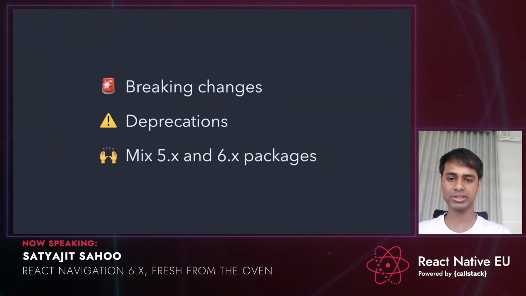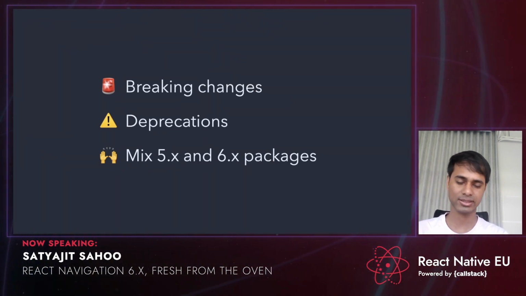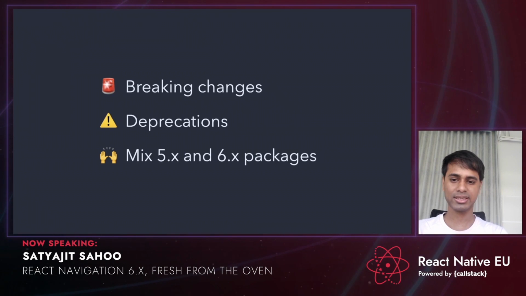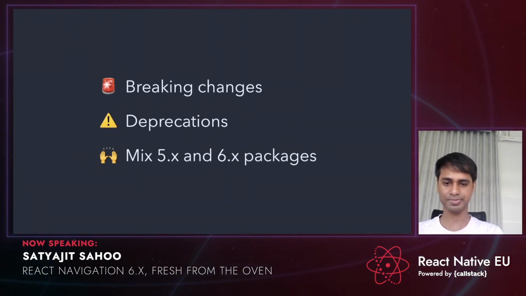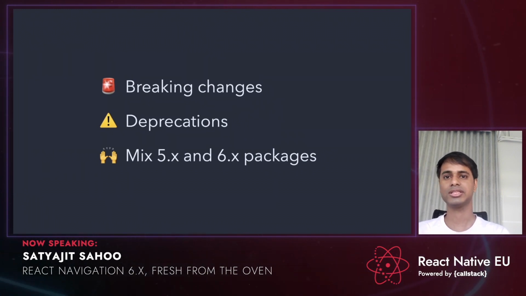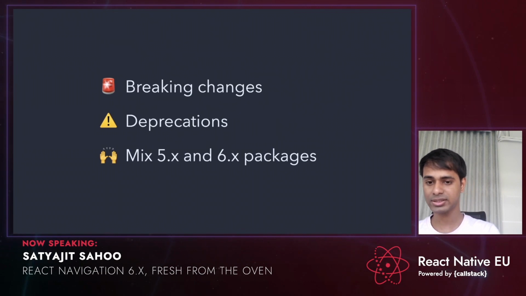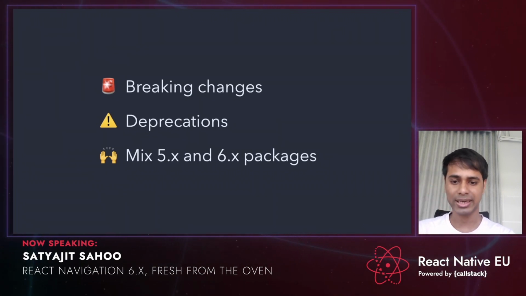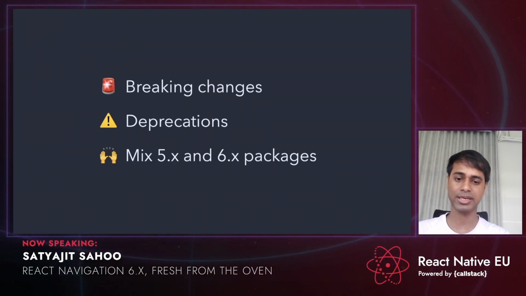Another thing you can do to simplify this migration is you can mix versions from 5.x and 6.x. Generally, it's not something you do if you're starting a new application, but for upgrading, it's perfectly reasonable and it will work, but there are some caveats. Please refer to the upgrade guide for the list of caveats if you're mixing these two packages.